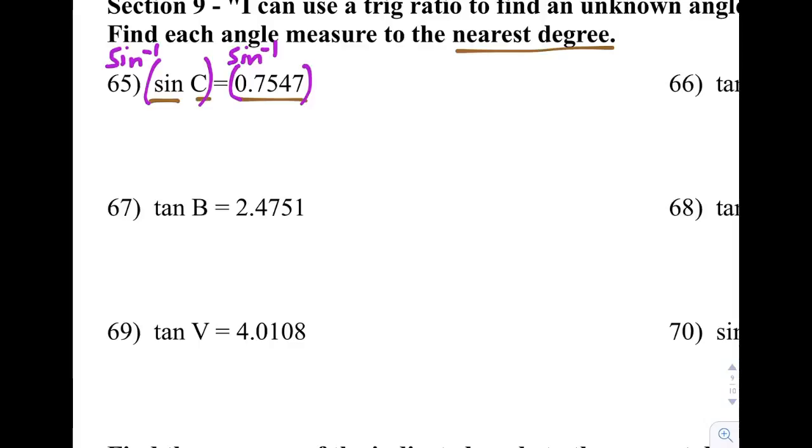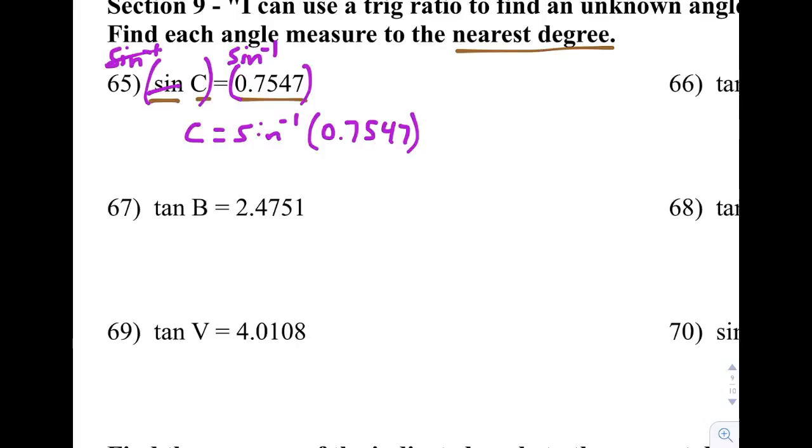The inverse sine of the sine of c is like saying something plus 5 minus 5, or something times 100 divided by 100. They undo each other, leaving you with just c. The angle is equal to the inverse sine of whatever that is. And this is the part you then type in your calculator.